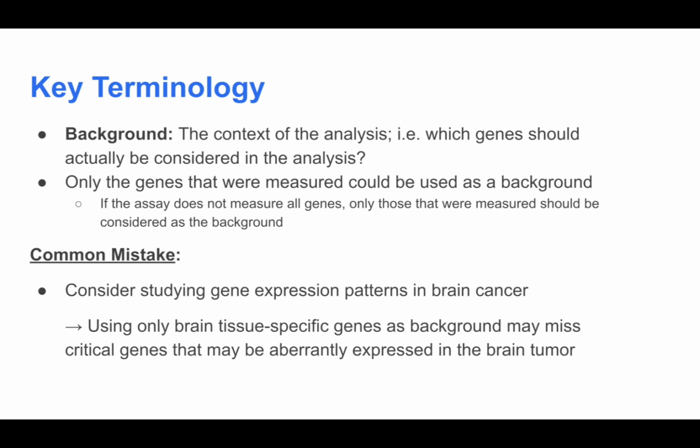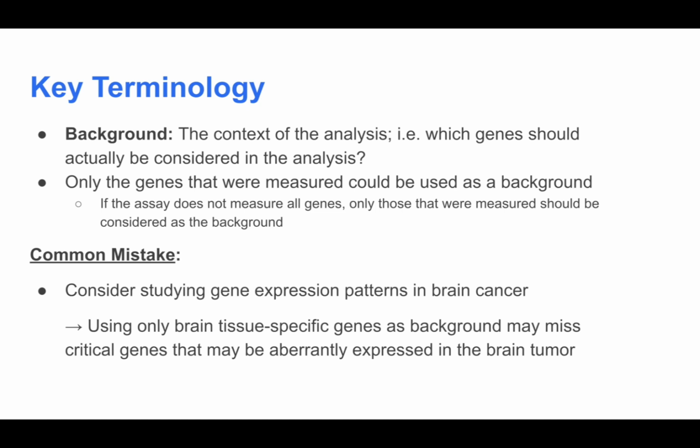One common mistake that people sometimes make is thinking that they should reduce the number of genes in their background if they're doing cell type or tissue-specific analyses. So if you consider studying gene expression patterns in brain cancer, you might be tempted to reduce your background set to only look at genes that you know are expressed in brain tissue.